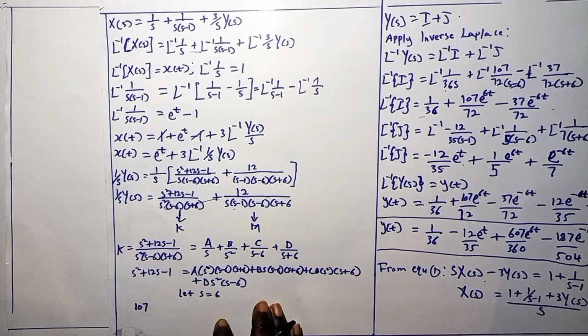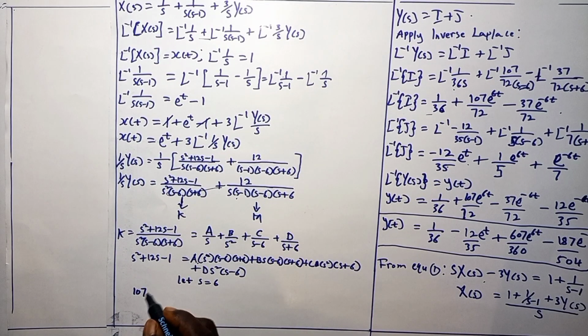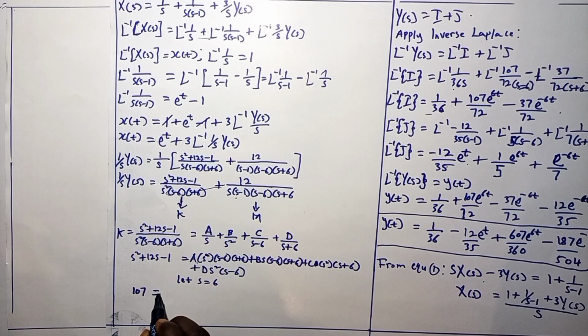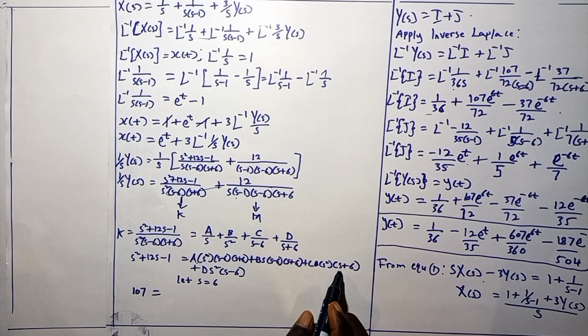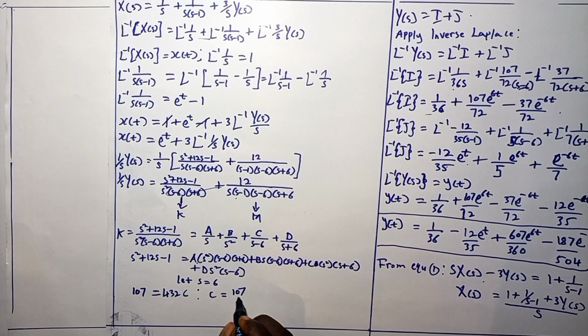This part gives us 107 is equal to, and then our c now, 6 plus 6, that's 12, then 36, 36 times 6, so we have 432c. So c will give us 107 over 432.